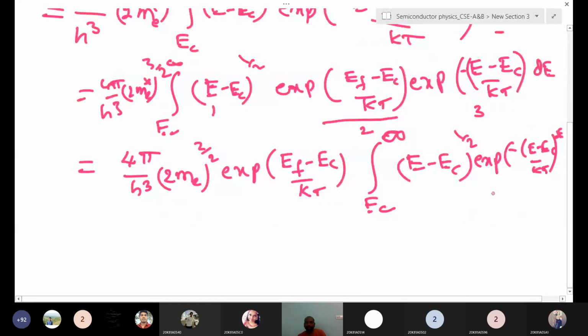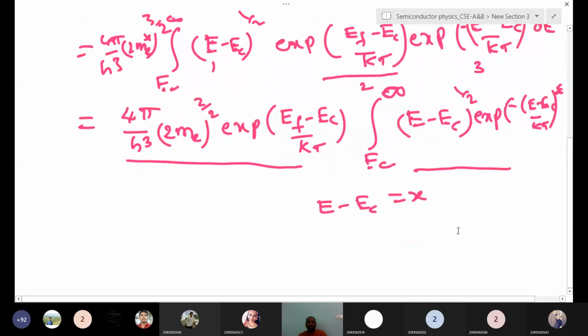But if you don't know the formula, this is a constant value. Forget this one. Here we have to integrate this expression. For simplification, let's take E minus E_C equal to X. We don't know the direct formula, so we convert into X, then it becomes easy.